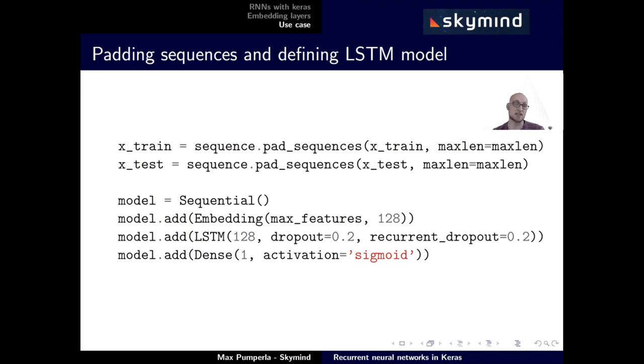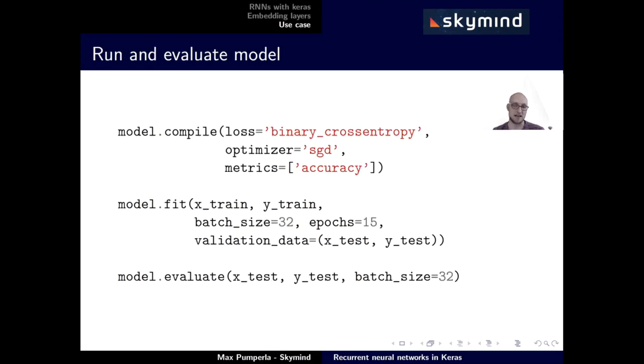At the very end, we add a dense layer of a single output dimension and add a sigmoid function, which would specify a value between 0 and 1, 0 meaning bad and 1 good. What's left is to compile the model, which we again do with binary cross-entropy, stochastic gradient descent, and we also have the same accuracy metric as before. Then we fit our model with batch size 32 and let it run for 15 epochs. And again, we use our test set as validation data. Afterwards, we can evaluate our model.